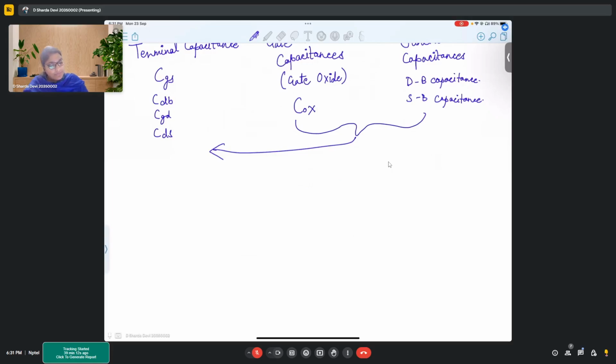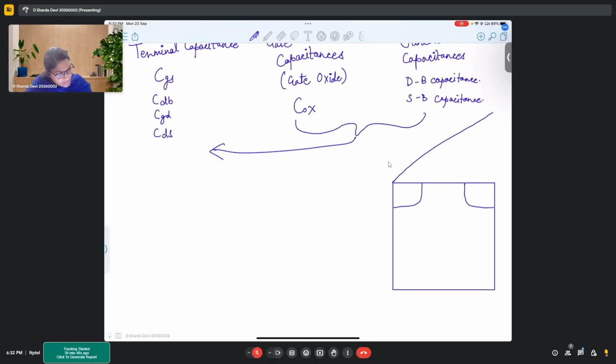So now maybe I can quickly draw. So this is our MOSFET.